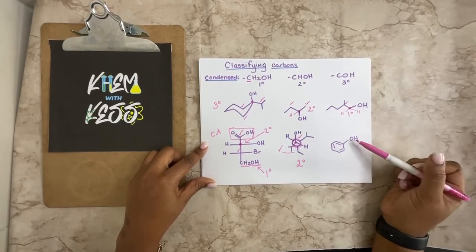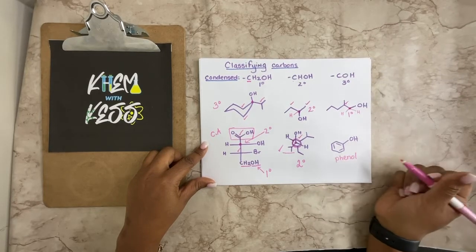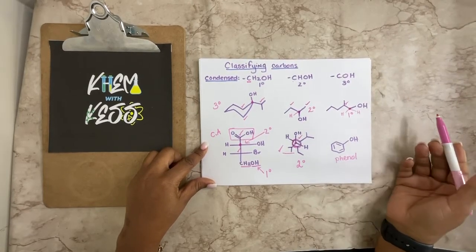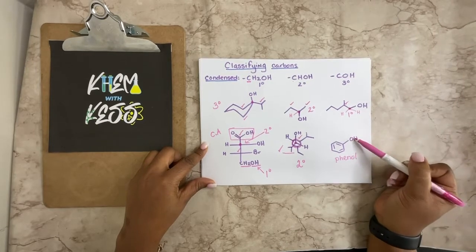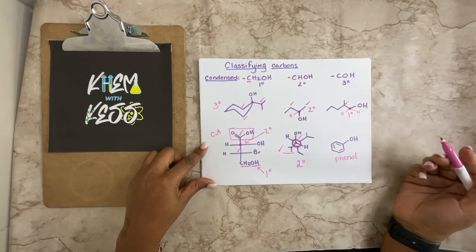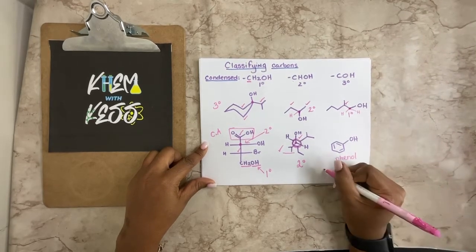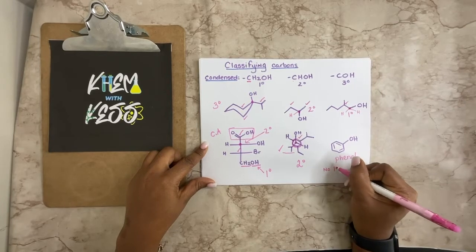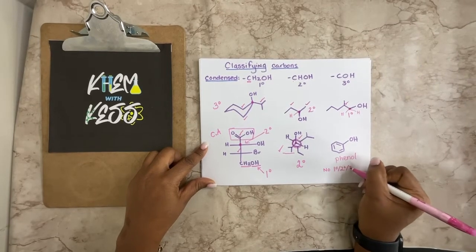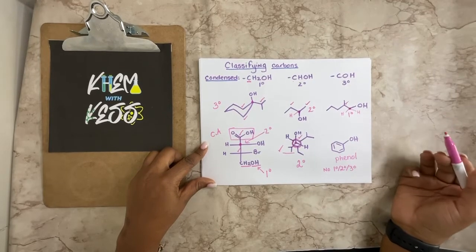Now, this group right here is a phenol. I said something earlier, who caught on? Can an alcohol be classified if it's connected to a double bond? The answer is no. When I say no, it cannot be classified as primary, secondary, or tertiary, but you can classify it under hybridization.